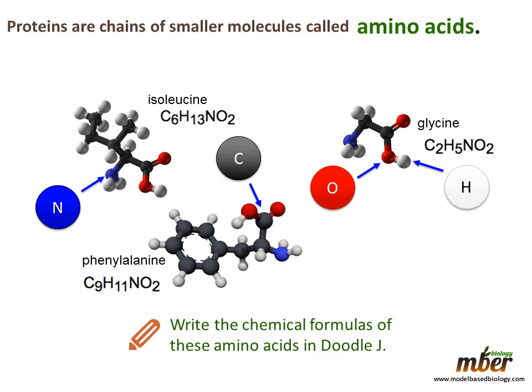So proteins are chains of smaller molecules called amino acids, as we already talked about. If you look at the middle of this slide, it shows you that carbon is in the middle of the amino and the acid group.